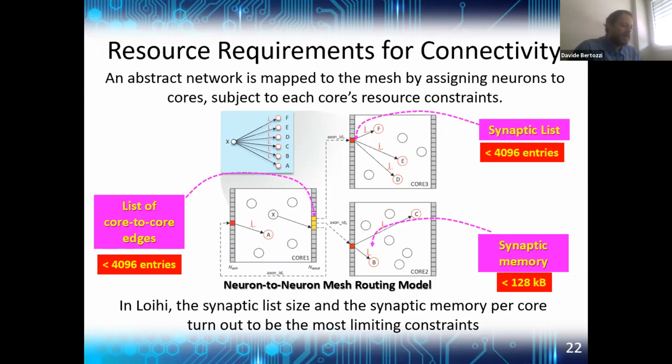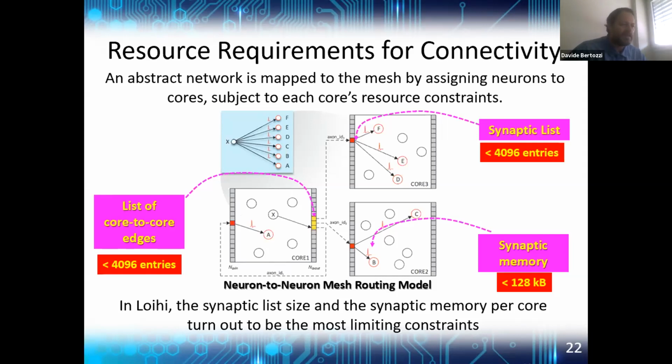So, first thing is that the total number of neurons assigned to any core should not exceed 1024. This is not reported here, but the number of neurons that you can accommodate in each neurocore may not exceed 1024.